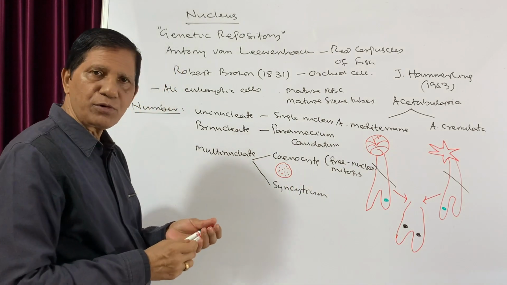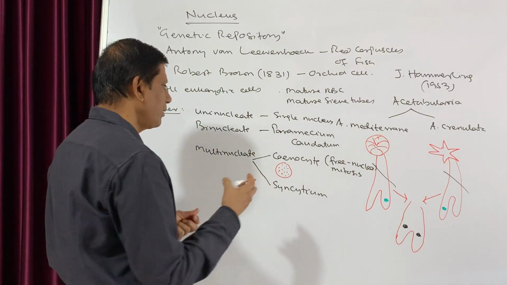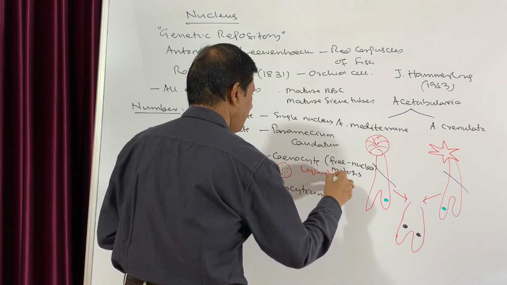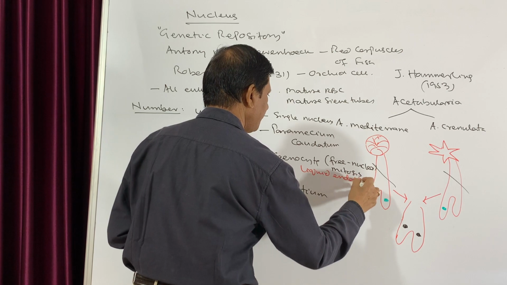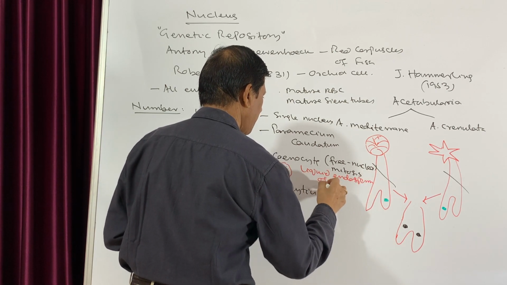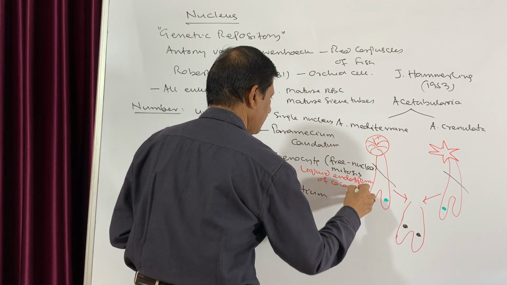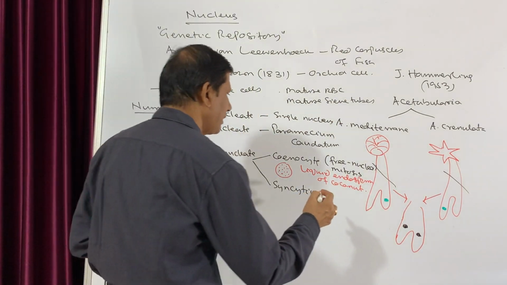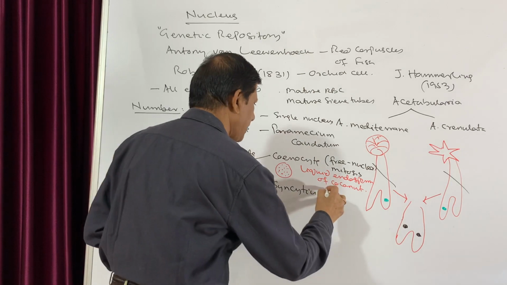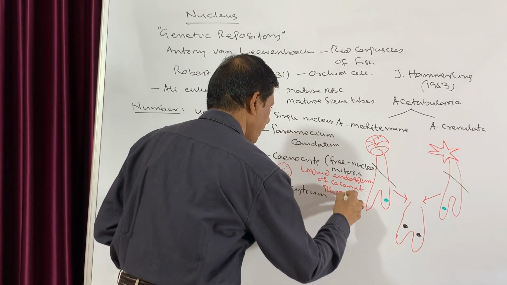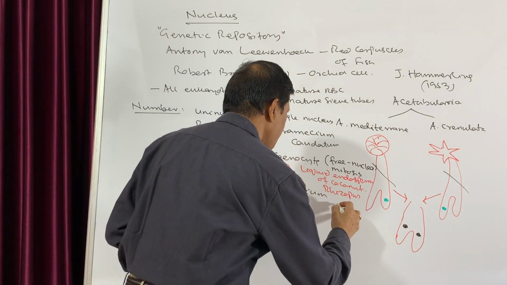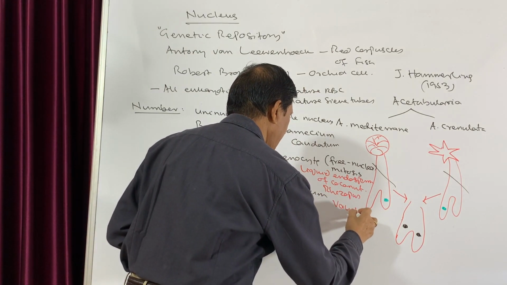So what are the examples? One example is the liquid endosperm of coconut. This is a common example. Then other examples are found in fungi, that is Rhizopus, and from the algae, the example is Vaucheria.